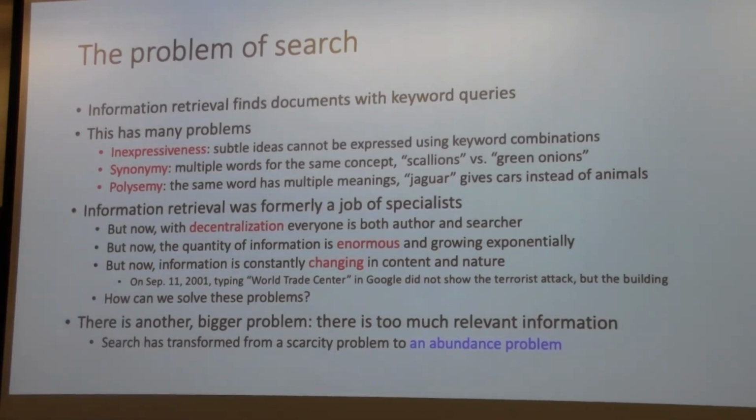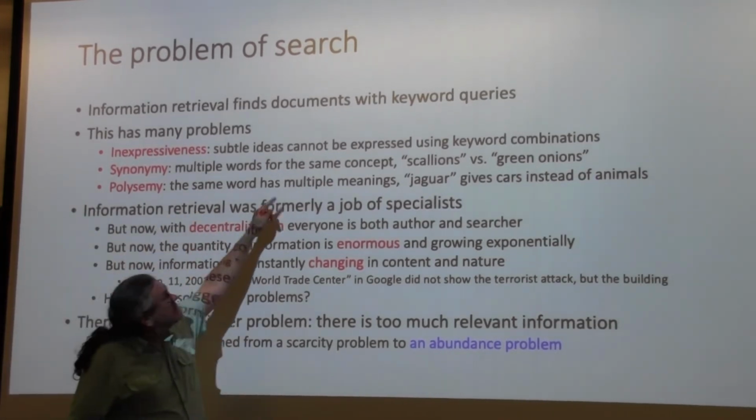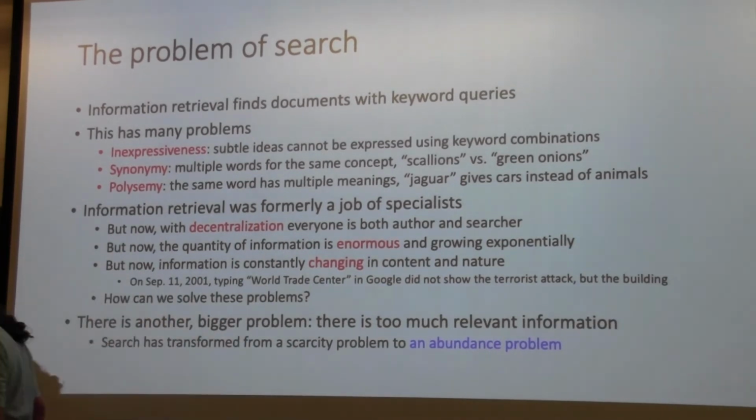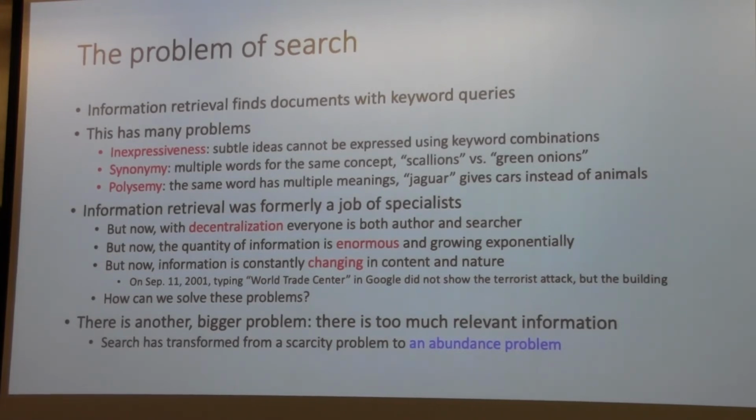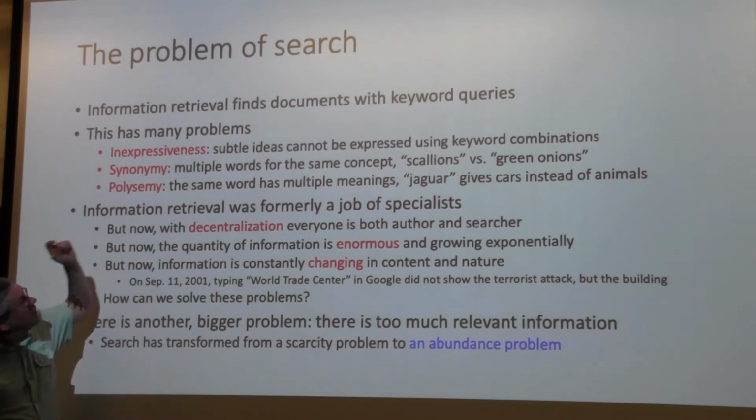It's not so expressive. You cannot express subtle ideas using keyword combinations. So if you want to express a subtle concept from philosophy and you want to find works explaining that, you don't have an easy way of doing it. It also has what's called synonymy.